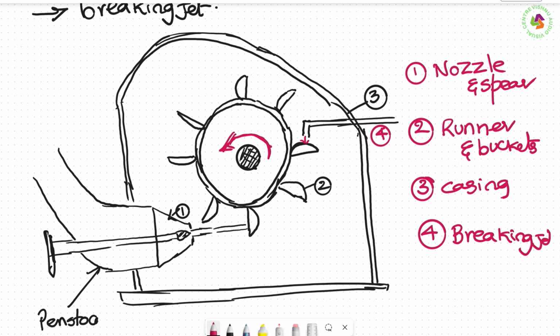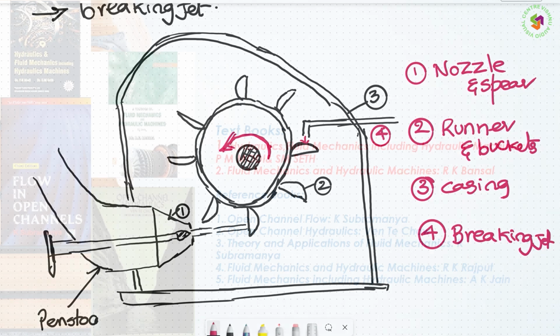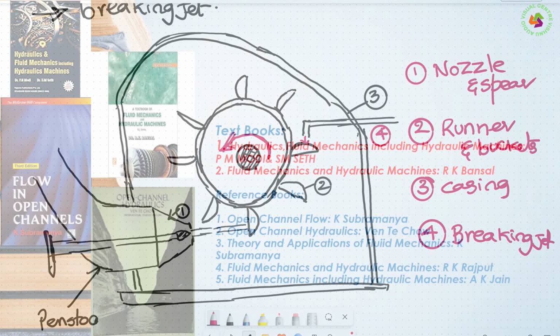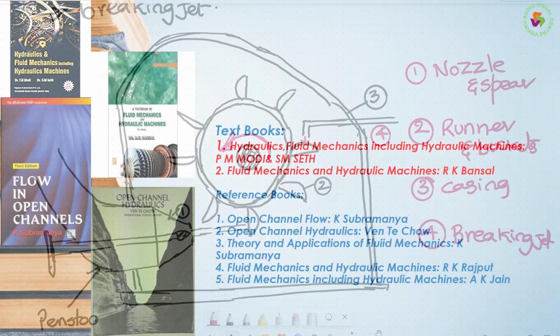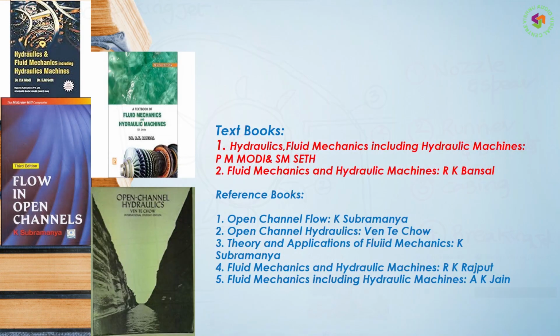So this completes the first topic of the Pelton turbine. You can practice this, the Pelton turbine components, for examination purposes also. Here I will stop the lecture, and again we will take up the next portion, the continuation of it.